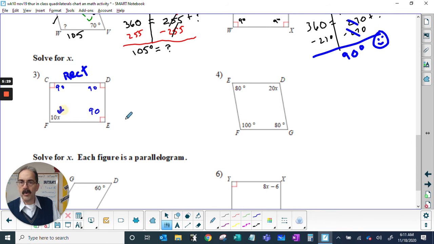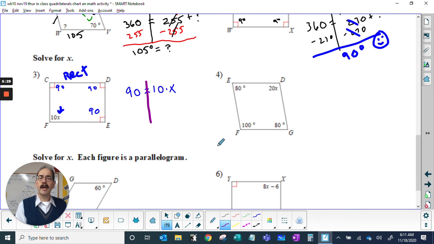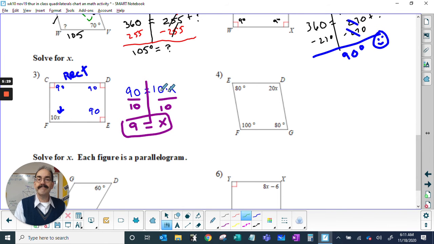This corner is 90 degrees, but it's 10 times the variable x. Well, we know how to solve this. What's the opposite of multiply? The opposite of multiply is divide. Divide both sides by 10, and x equals 9. So now we're getting back to that math stuff, huh?